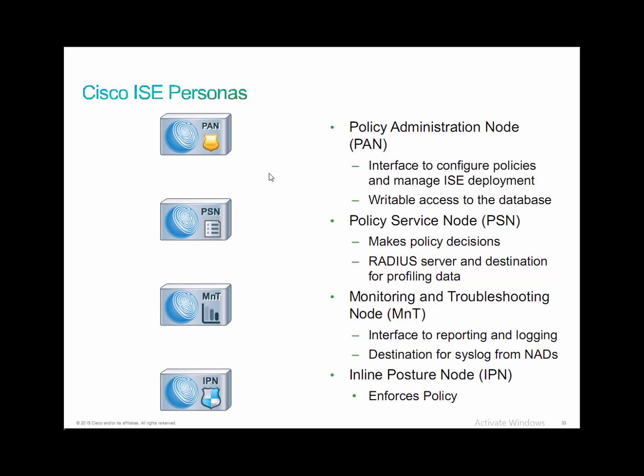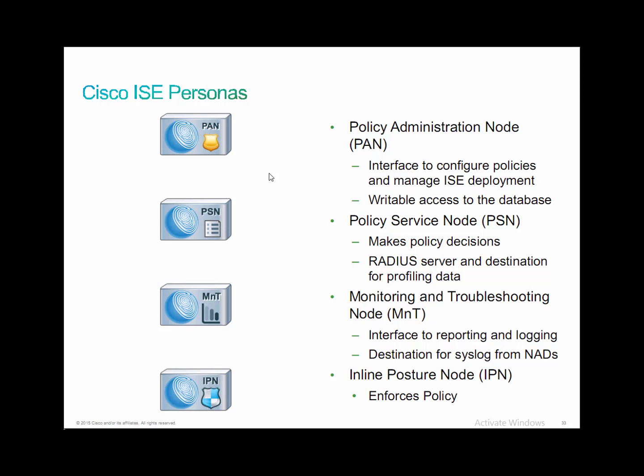The next persona that you see on here is what we call the PSN, the policy services node, which implements the policy service persona. This persona is the engine that makes all of your policy decisions in your network. The persona is the main runtime engine, and it is going to enforce all the policies that you're trying to implement for both your wired and wireless devices and endpoints.